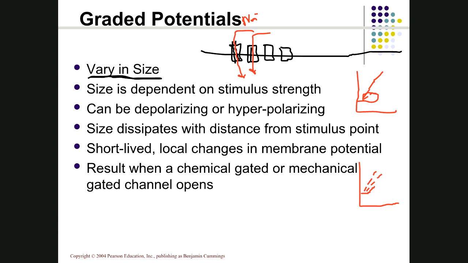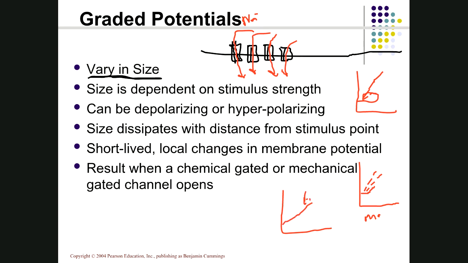That's right. What if I open all of these channels at the same time? I'm going to open all of them, and sodium's going to come rushing in all of these. So the graph is going to go up very, very, very fast. It's going to go up very high.